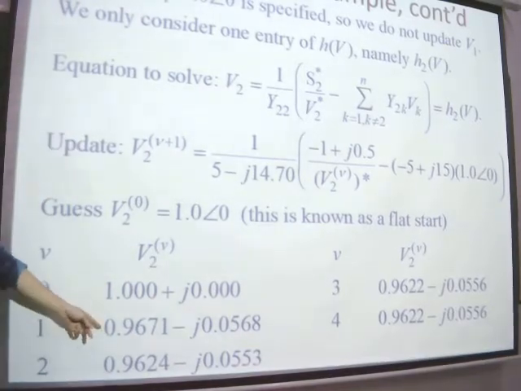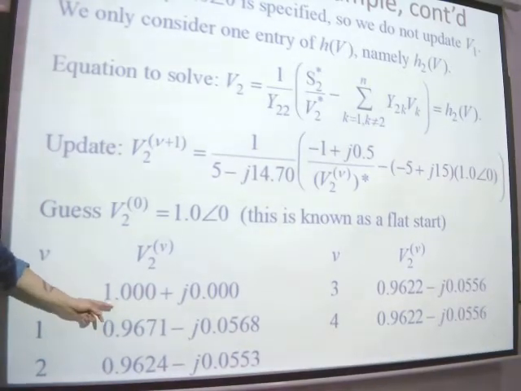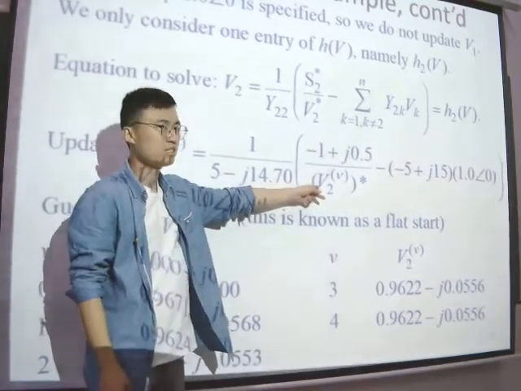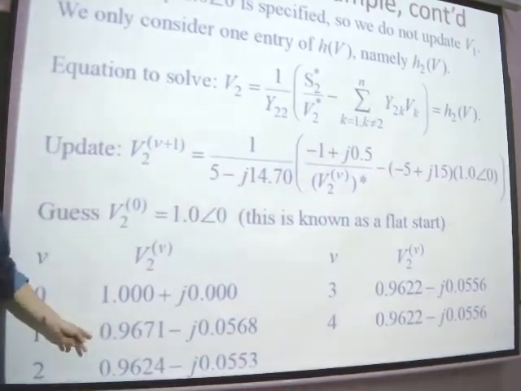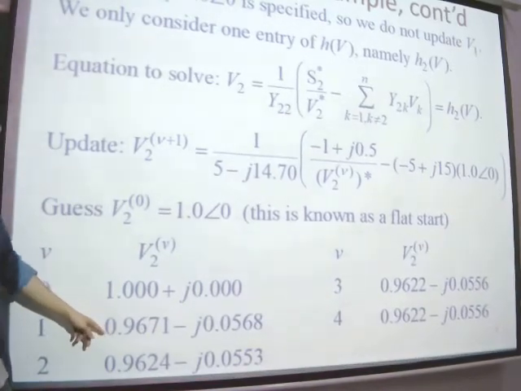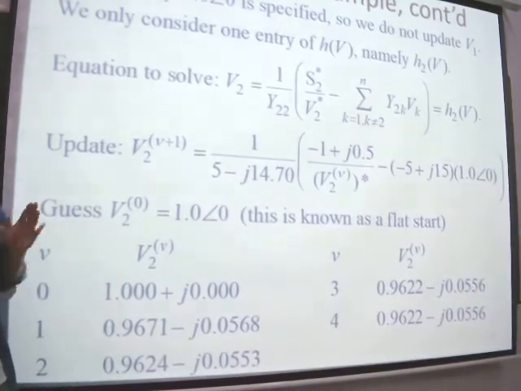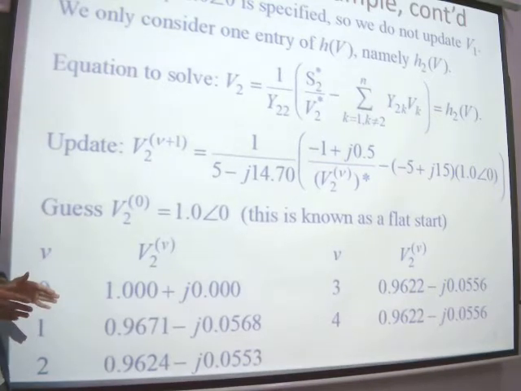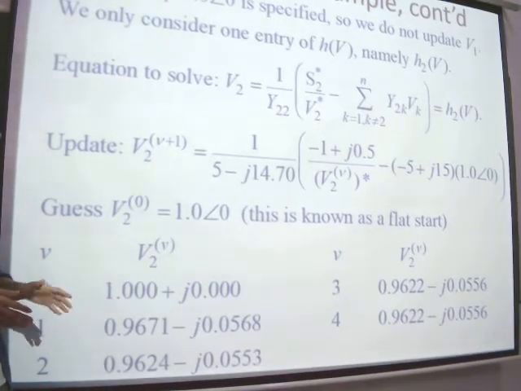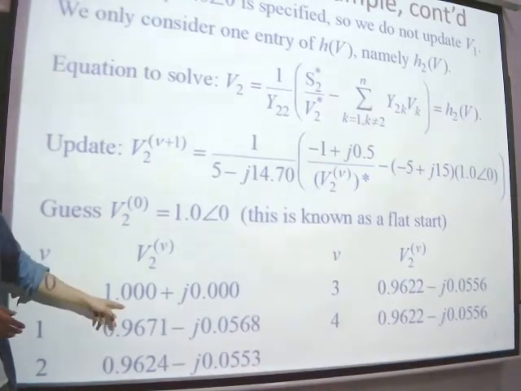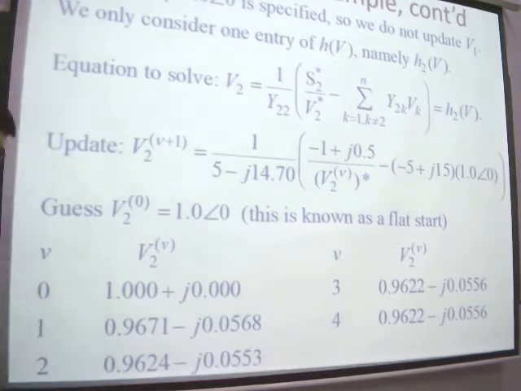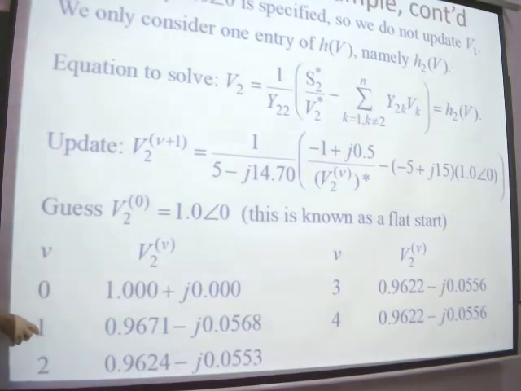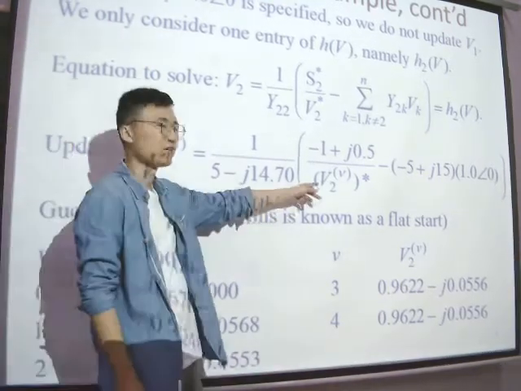And then put this V1 into this equation and calculate. At this moment, you get a more specific answer for V2 compared with the first step. And then you still need to put this V1 as the input here.